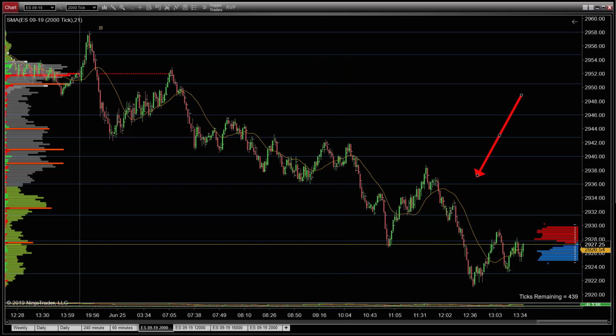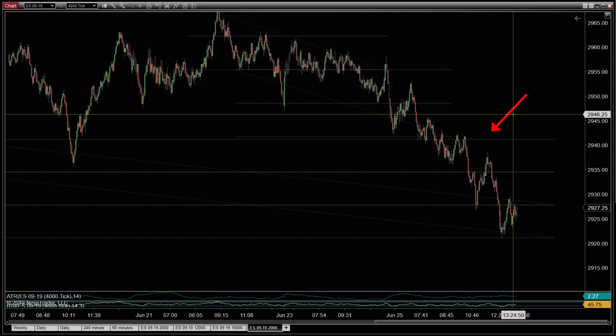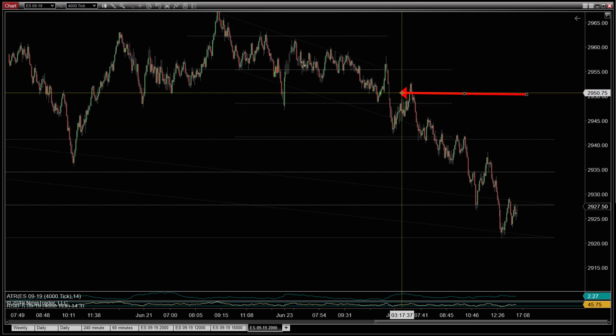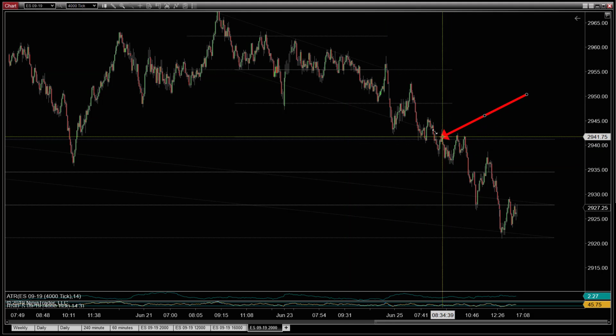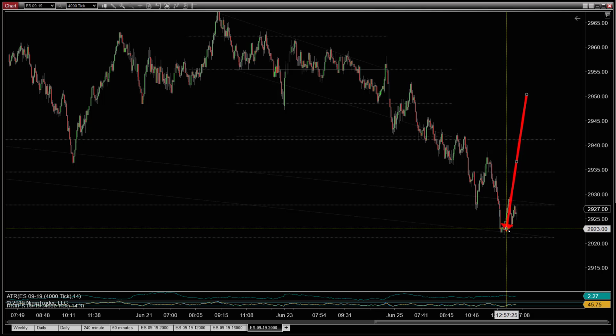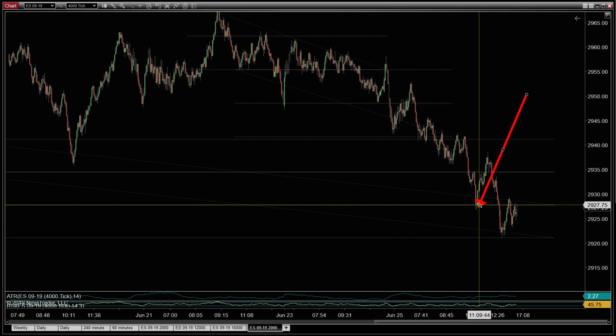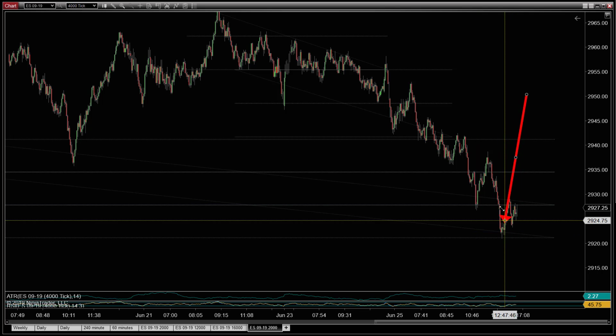So last thing here is the chart symmetry from today. I'd drawn this first swing. I did the 100% range extensions down. I showed you guys. Look at this, beautiful, all the way down, 100% range extension, 100% range extension right here, 100% range extension right here.